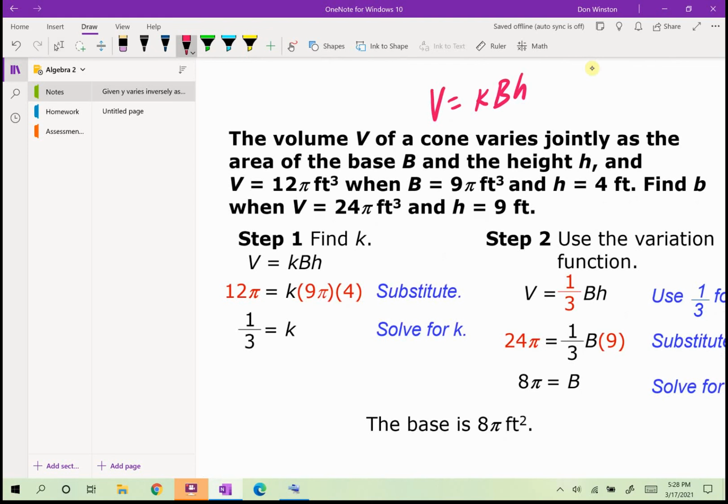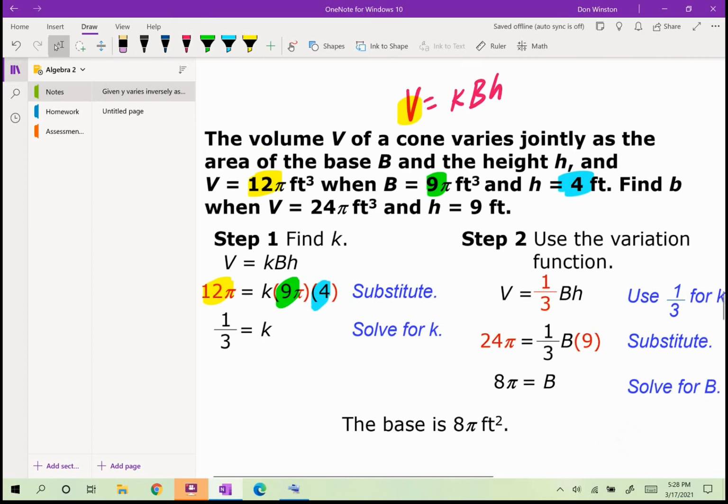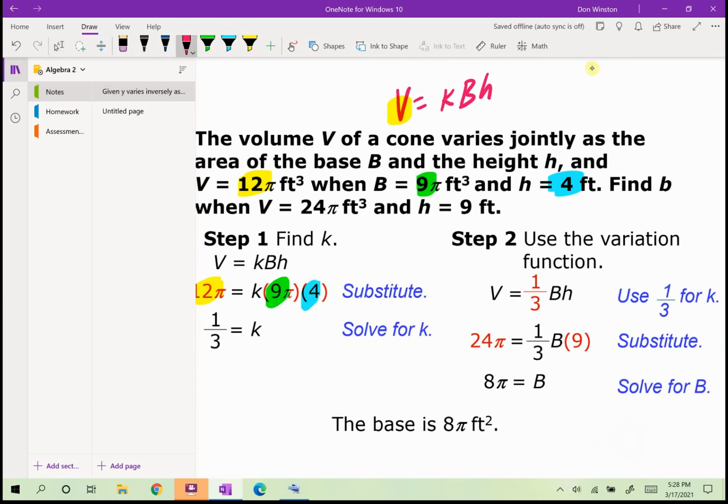So 12 pi, that was the volume, equals k times the base, 9 pi, and then the height they gave us here was 4. When we solve that for k, we'll get 1/3 is equal to k. So there's my equation there. Volume is equal to 1/3 times BH.